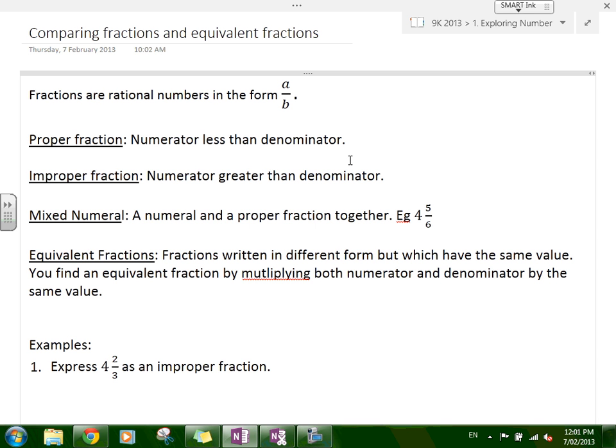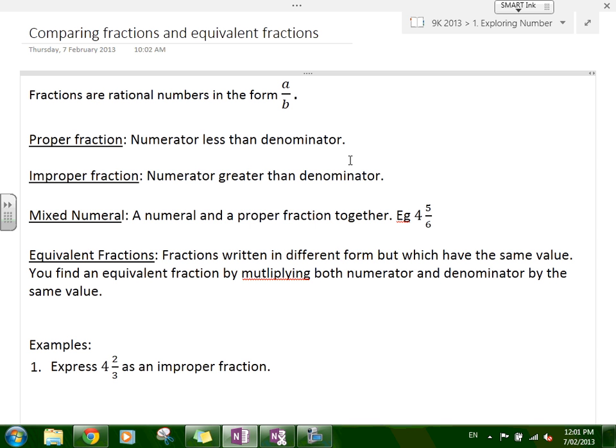Okay? There are a few different types of fractions that we talk about. So we're talking about fractions today. Just write down these definitions and jot down the notes very quickly. A proper fraction is where the numerator is smaller than the denominator. Now when I say numerator, what do I mean?